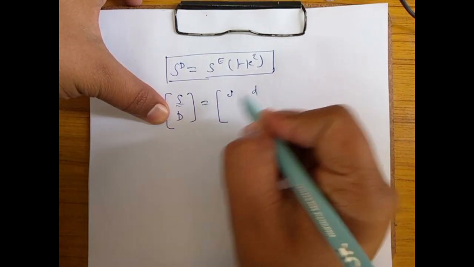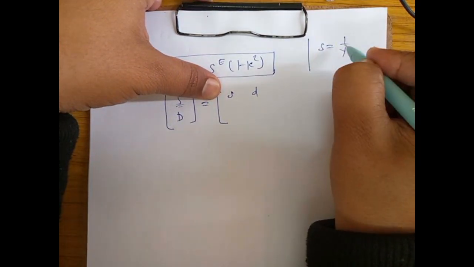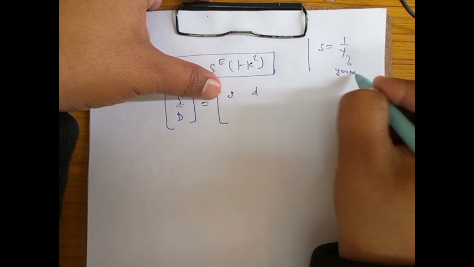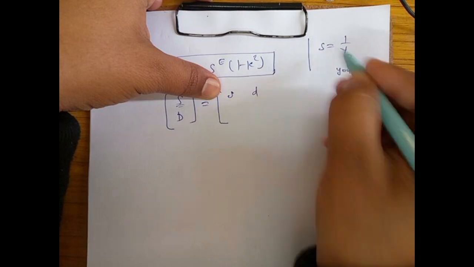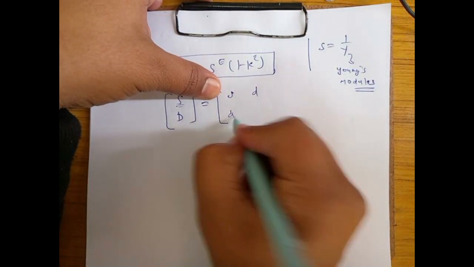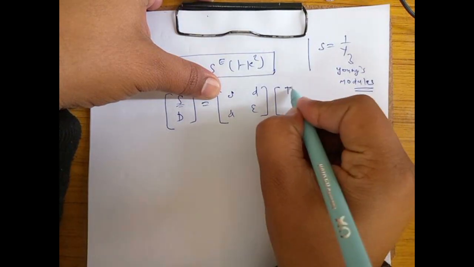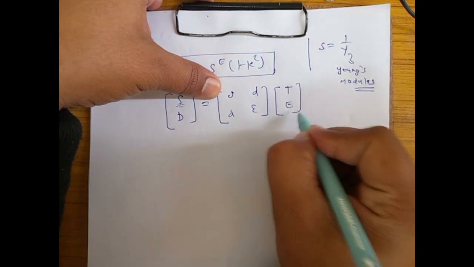Small s is the compliance, which is nothing but 1 over Y, where Y is the Young's modulus, right? So this is the compliance. Epsilon is the dielectric permittivity, T is the stress, and E is the electric field.